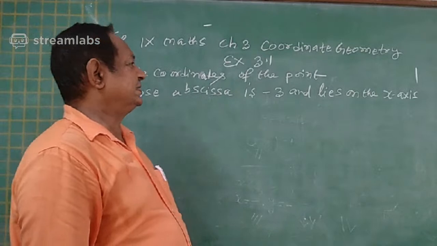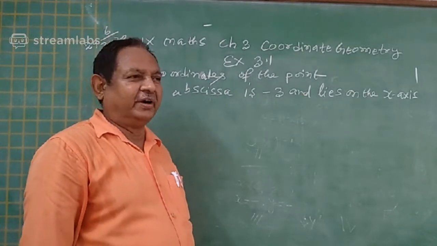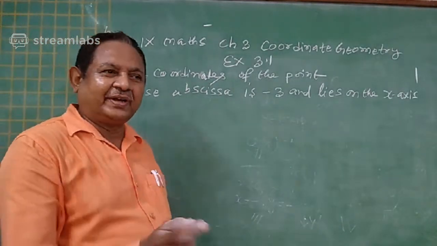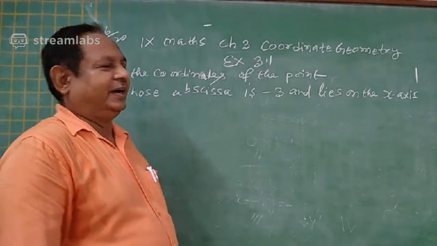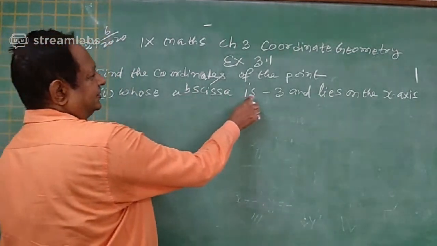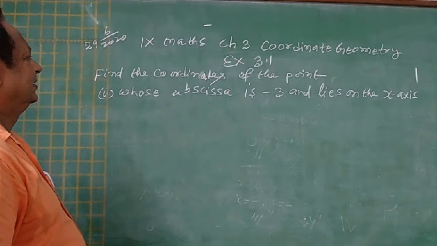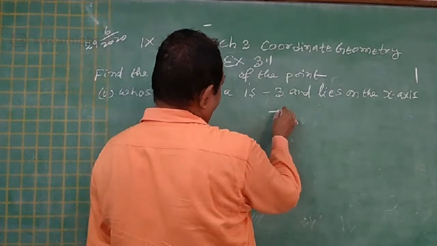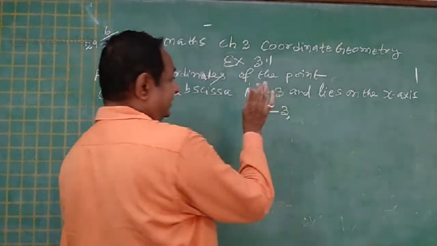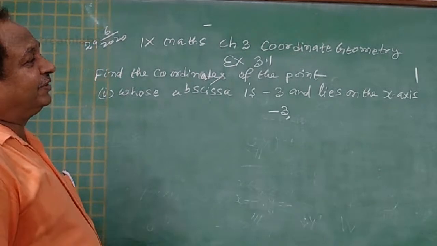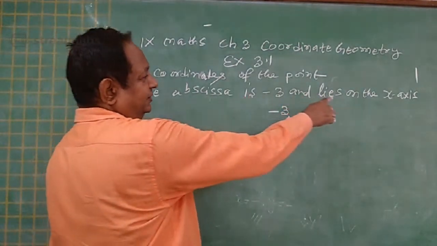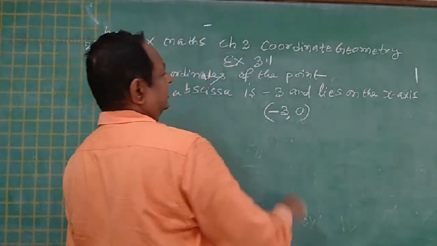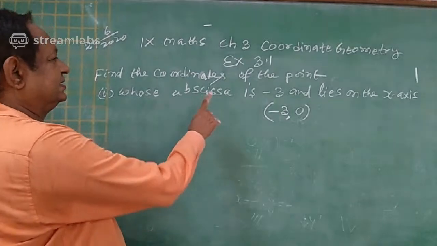We have already discussed a point that lies on x-axis. Its y-coordinate is 0. And what is x-coordinate? That is -3. So this point can be represented by -3, 0. First always write x-coordinate and then y-coordinate. When this point lies on x-axis, its y-coordinate is equal to 0. So this is the answer.